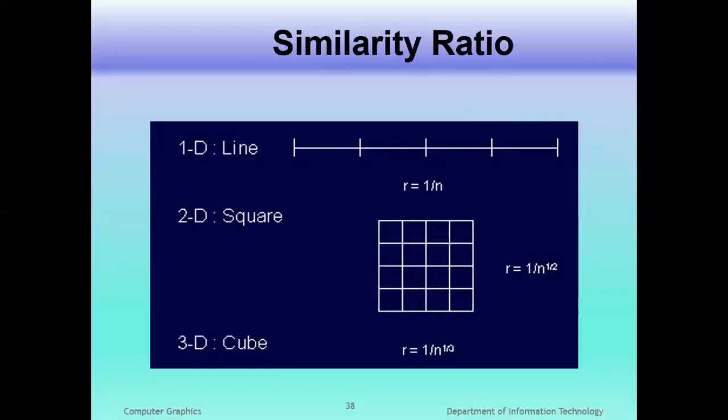Now imagine that we have a thread or line of say 5 cm. If we cut this into 5 equal parts, each subthread's length will be 1 cm, which is shown here in this figure.